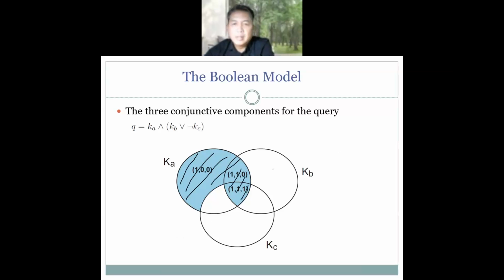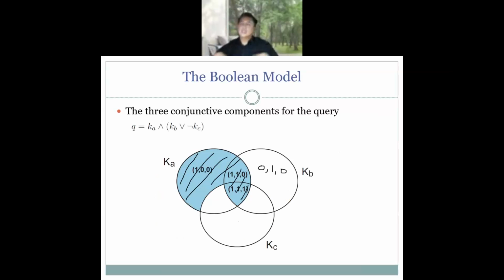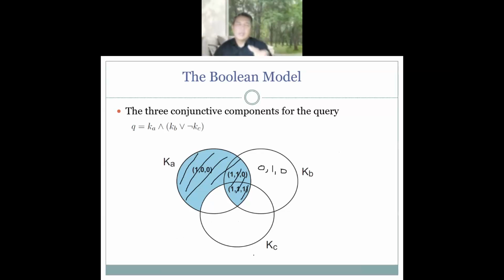We will not have them here, because when we are here, our Boolean algebra will be 0, 1, 0, which is not in this one. They just want to show you what area will be covered by the query. Since we are looking at the set model and the Boolean algebra, this is how they describe the documents that will be retrieved.